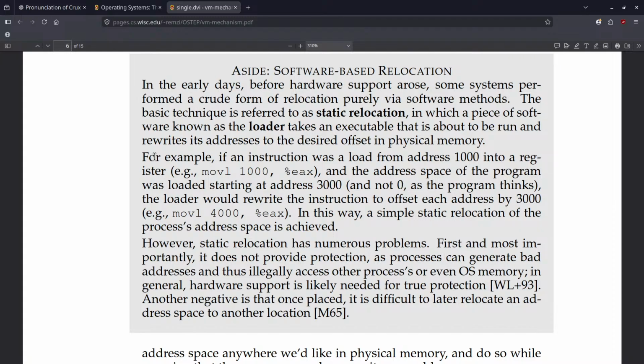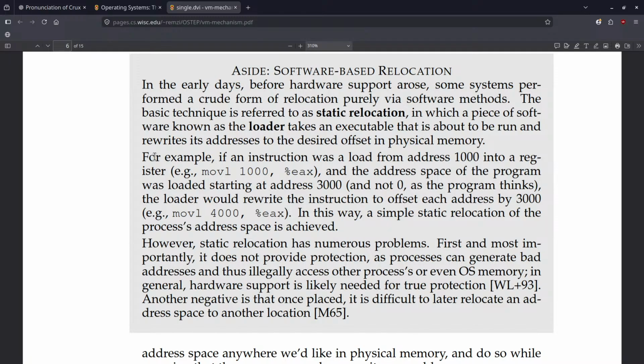For example, if an instruction was a load from address 1000 into a register, and the address space of the program was loaded starting at 3000, not 0, the loader would rewrite the instruction to offset each address by 3000. In this way, a simple static relocation of the process is accomplished.